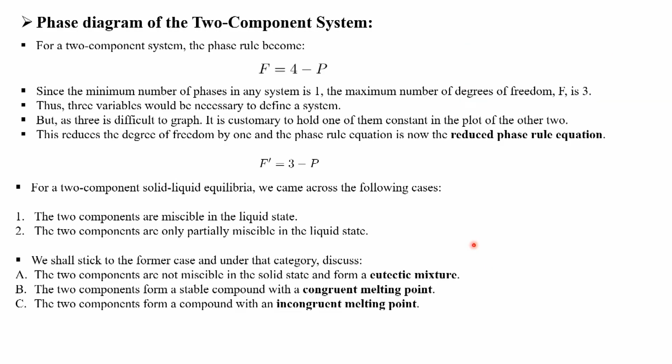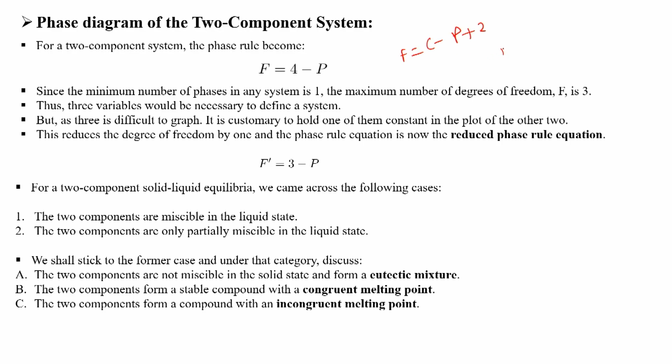Next, we discuss the phase diagram of a two component system. For a two component system, the phase rule becomes 4 minus P, because our initial equation was F equals C minus P plus 2.